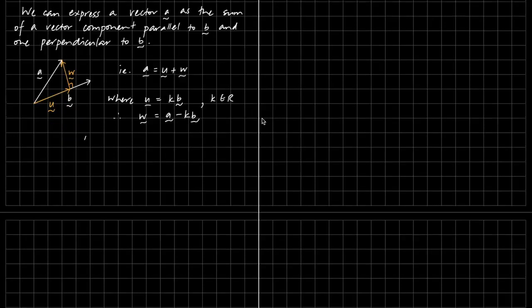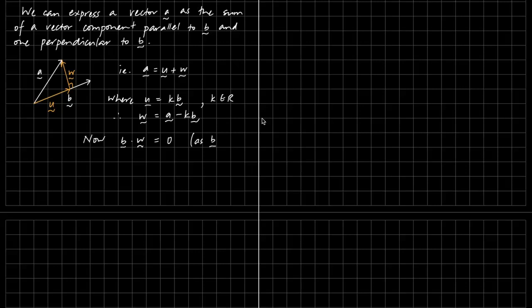Now, using my knowledge of the scalar product, I can say that vector B dot vector W is going to be equal to 0, because those are perpendicular vectors, aren't they?